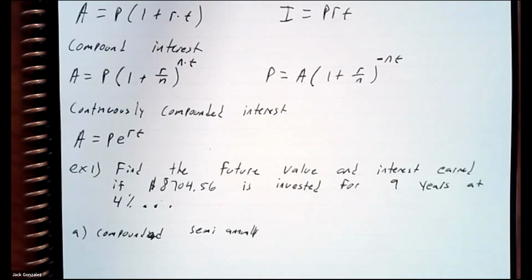Hope you'd wait 9 years. 4% is pretty good. I think right now, the way the economy is, CDs are pretty decent. Surprisingly. CDs and savings accounts, they're the highest they've been in a long time.